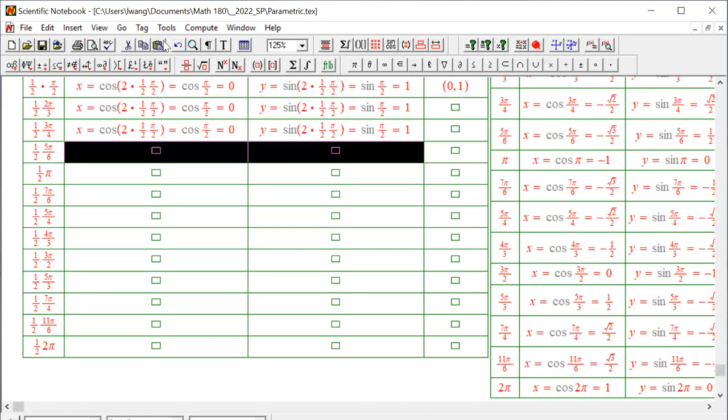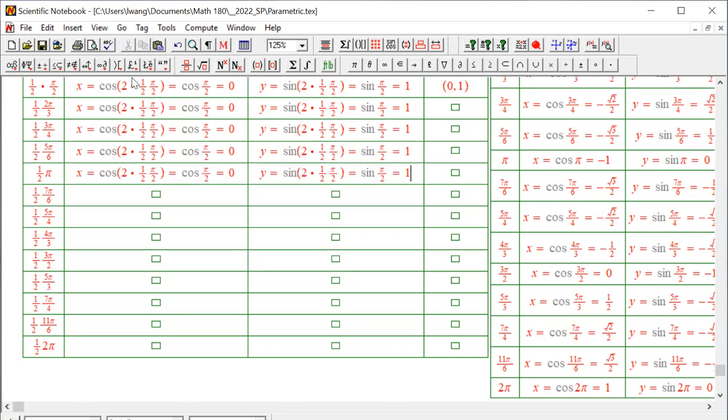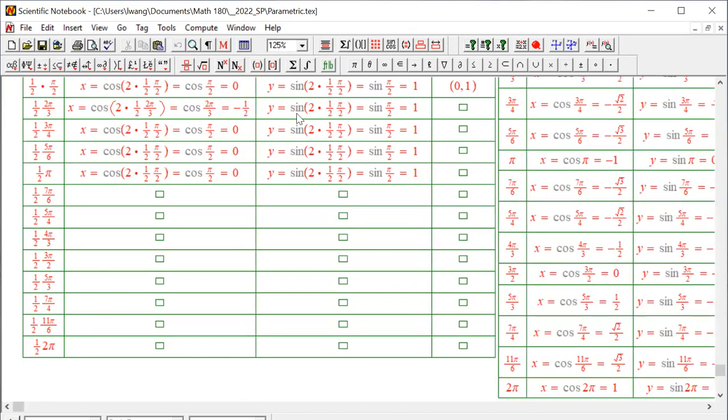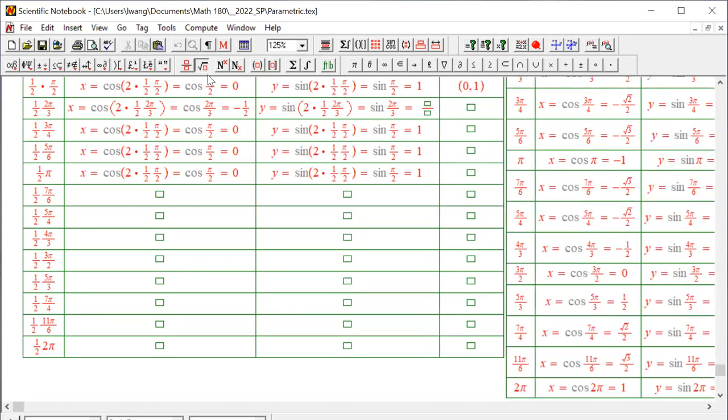I'm going to make some changes. Okay, so we have done pi over 2. This is 2 pi over 3. Cosine 2 pi over 3 is negative half, and sine 2 pi over 3 is root 3 over 2.